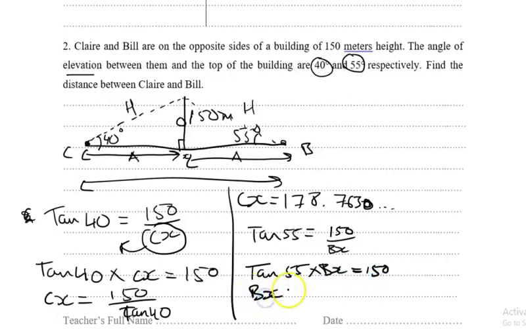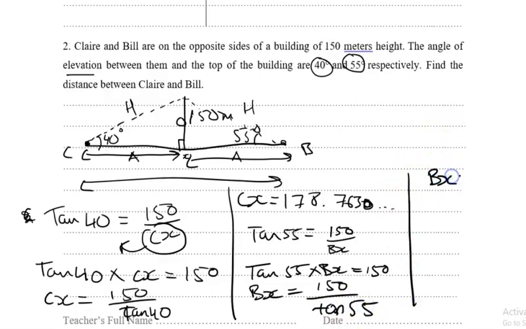So BX equals 150 divided by tan 55. BX is going to equal 105.03, and so on. So we're going to do BX plus CX, and that's going to give me the length of CB, from C all the way to B.